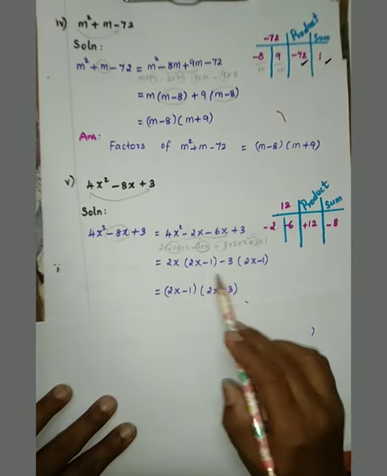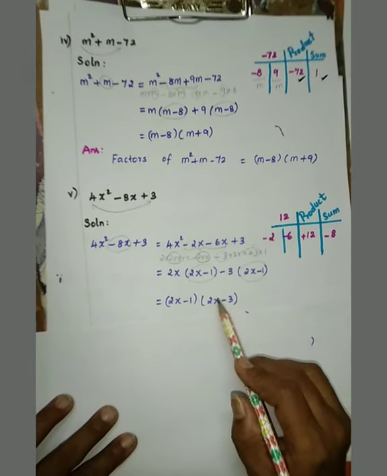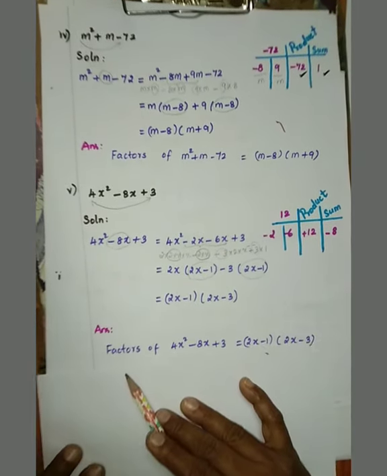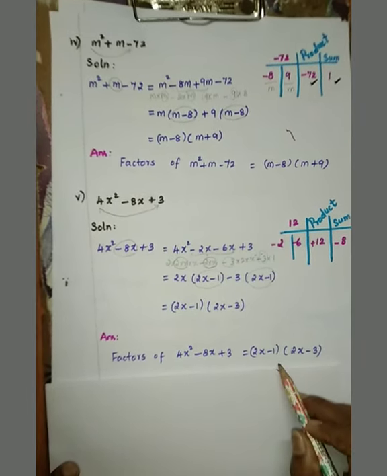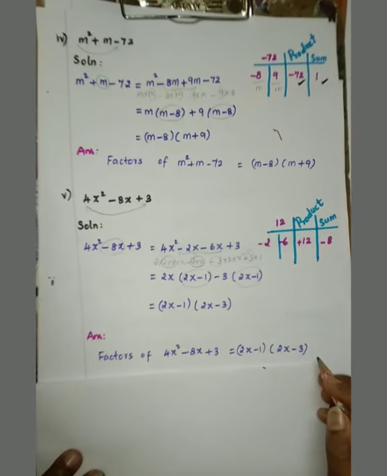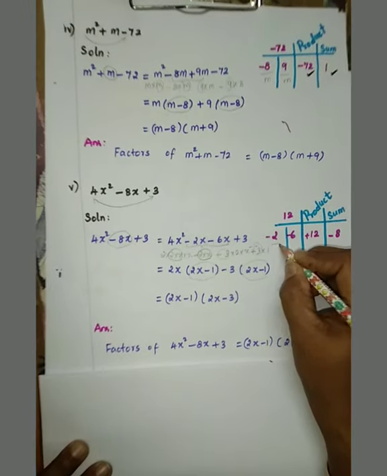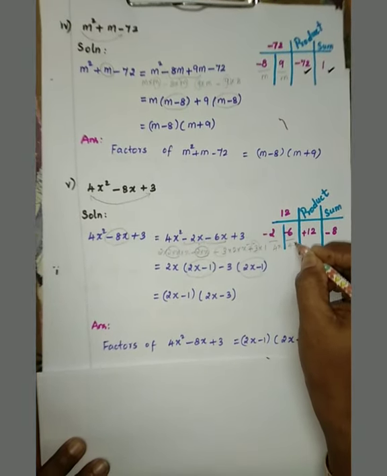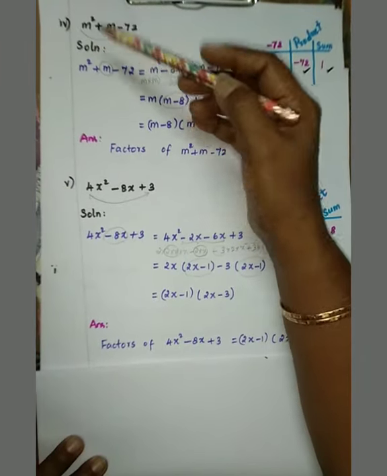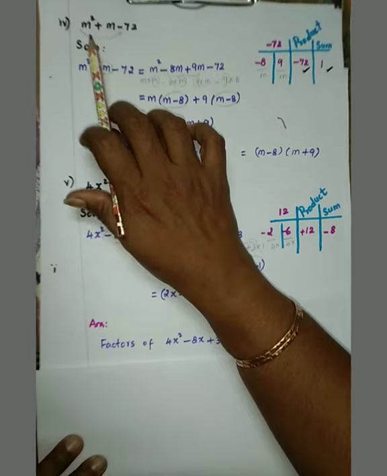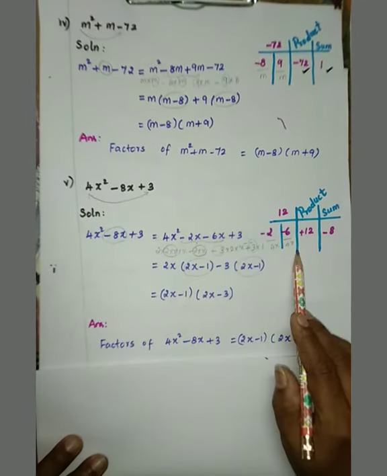Therefore, the factors are, since 2x minus 1 is common, 2x minus 1 into 2x minus 3. Therefore, the answer: factors of 4x square minus 8x plus 3 equal 2x minus 1 into 2x minus 3. As I said earlier, here you can write it by the tree method with 4x at the bottom. For the previous problem, m square, the variable is only m, no coefficient is there, but here we have 4x square, so we have to write 4x at the bottom.